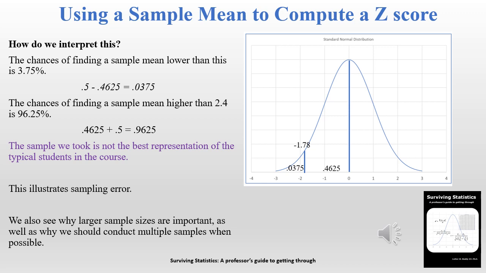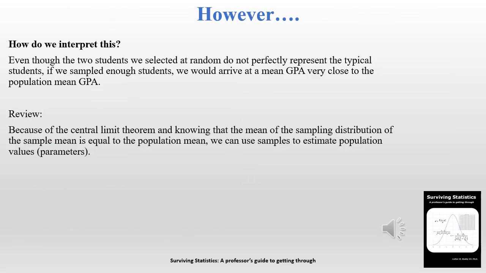Well, that's just representing a sampling error. That tells us why we might want to take more than one sample. It also hopefully lets us see why a larger sample size might reduce that sampling error. Again, even though the two students that we used as an example did not accurately represent the typical student, if we did survey enough students, sample enough students, we would arrive at a GPA very close to the population GPA.